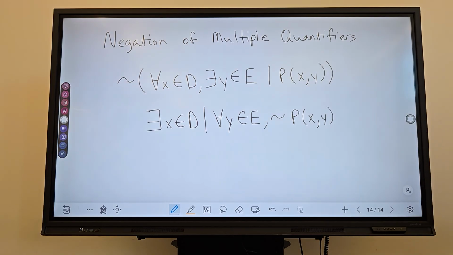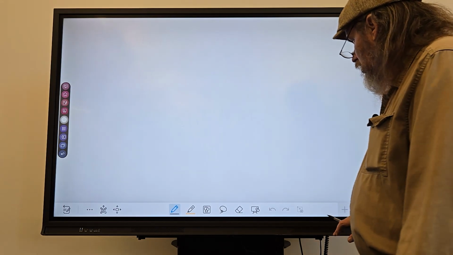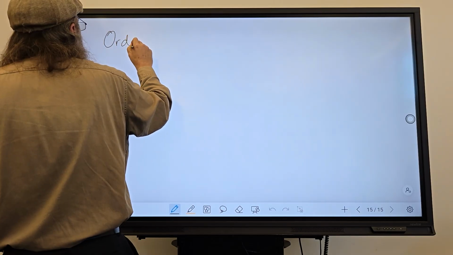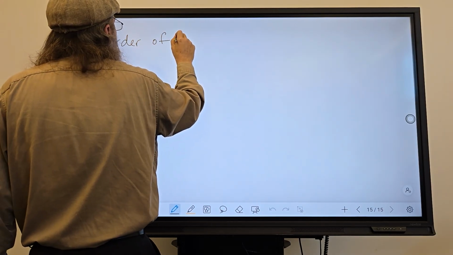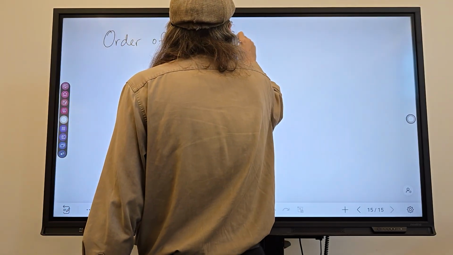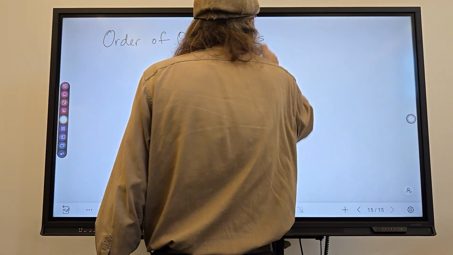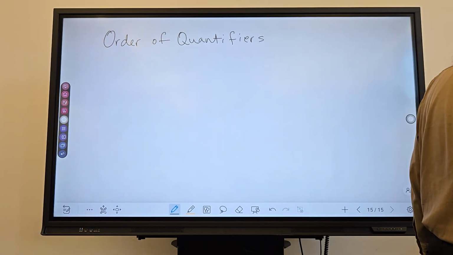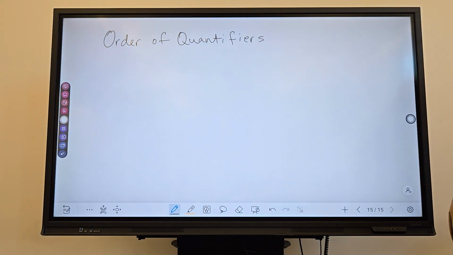The order of quantifiers is very important. Consider the following statements.